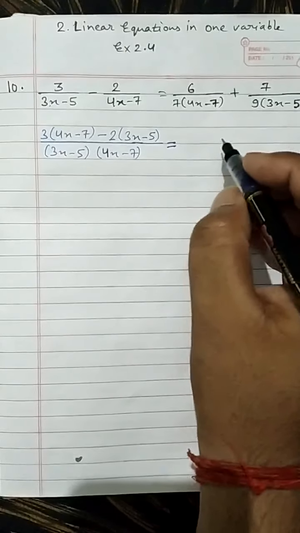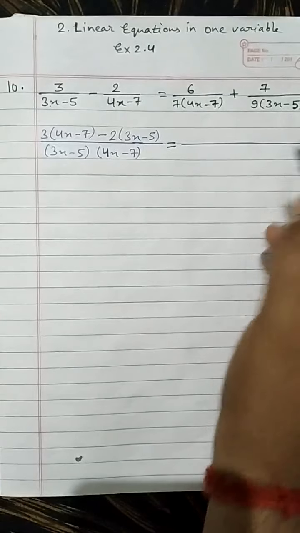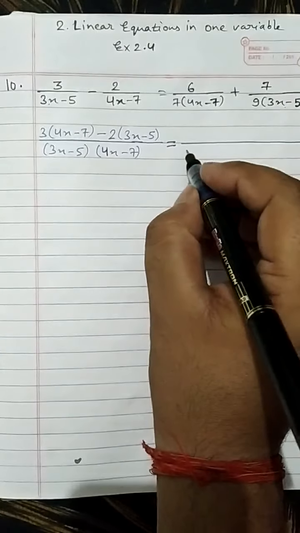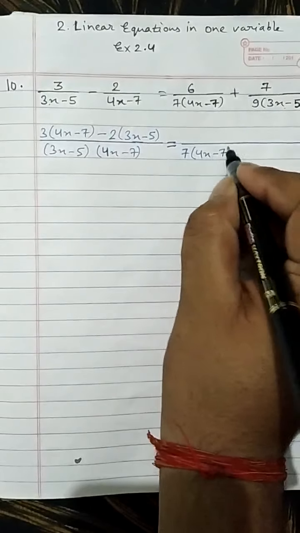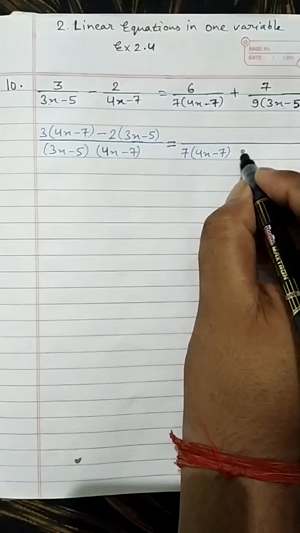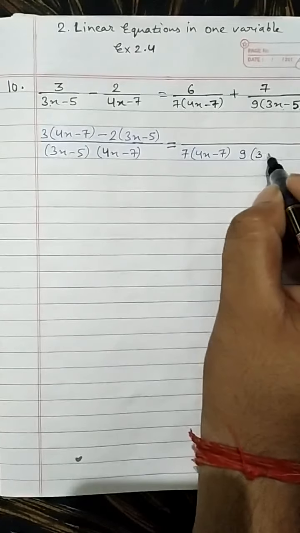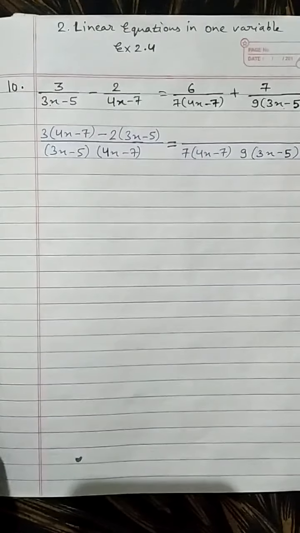Now on the right hand side, we have to do the same thing. The LCM of these two will be taken: 7(4x minus 7), 9(3x minus 5).